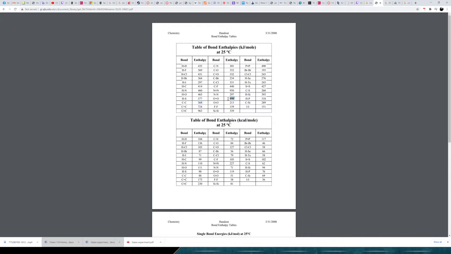Oxygen double bond, 498. C double bond O, 532. And OH. Aha! Thank goodness it's right here. 465.